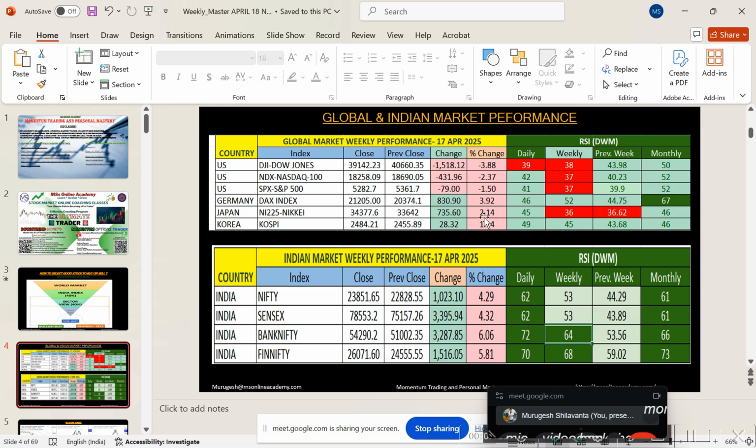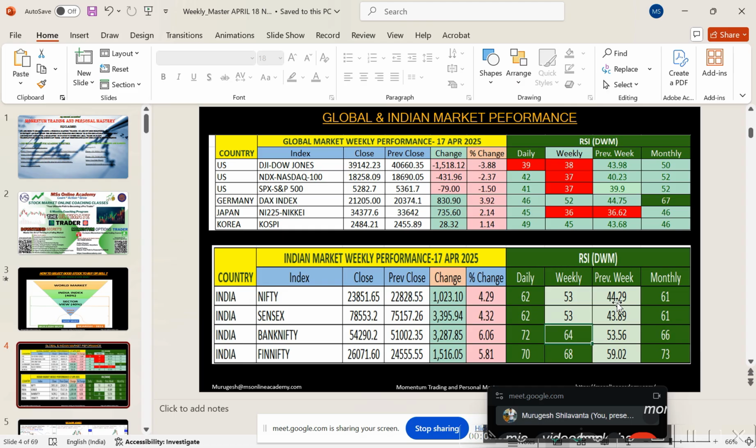We can see that with respect to the global market, it's negative. It is still not positive, but the Indian market is in a positive mode. We call this decoupling, which means both are not moving in a single direction. In the Indian market, daily is above 60 and monthly is also above 60. In the previous week it took support at 40.